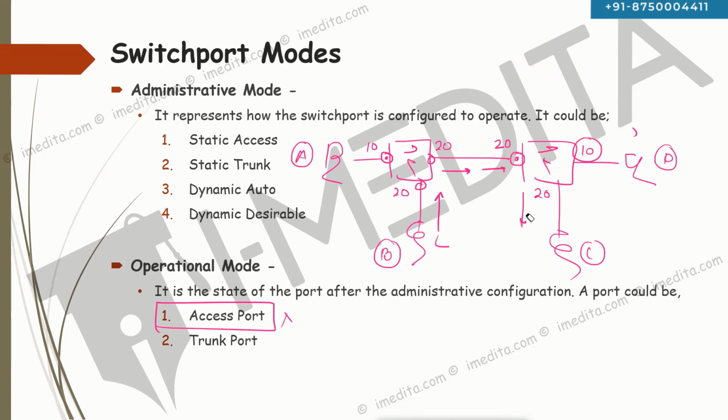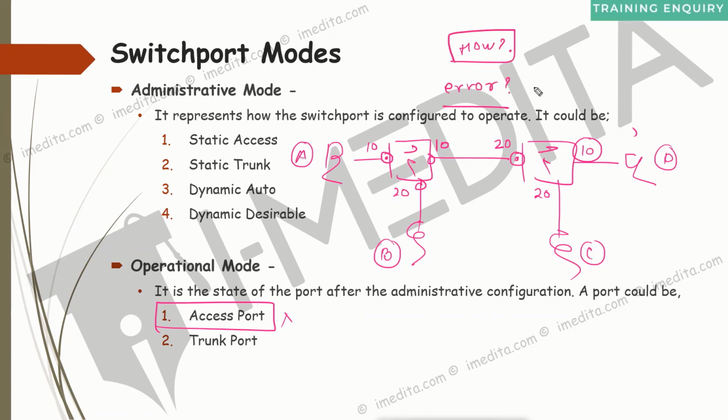Right? So it's okay. Now, the point is, if I configure this in VLAN 10 and I configure it in VLAN 20, then how will the communication happen? Is it an error?